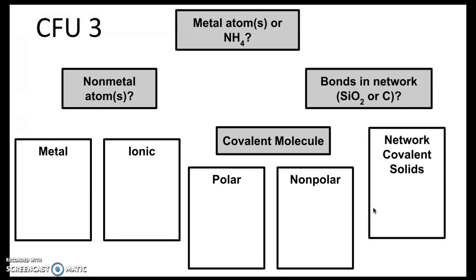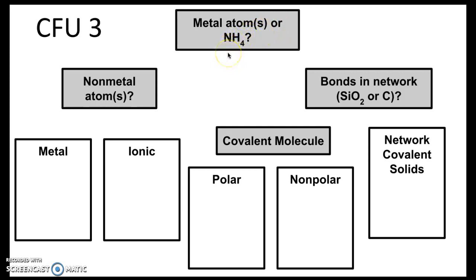Okay, so what do you have to do with this CFU? Essentially it is a flow chart that's set up for you, and your job is to fill in this flow chart by connecting boxes. So for example, here, I would draw a line down here and then one over on this side and draw a line over on that side. And then I would be asking myself, metal atoms or NH4+?